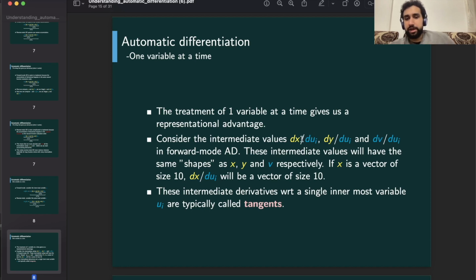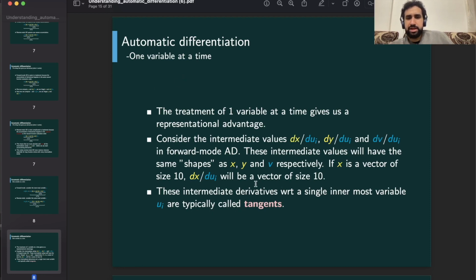Especially if x and u are both not vectors, it gets really complicated to represent the whole dx by du if x and u are like vectors of matrices of dictionaries, right? Representing that can be nasty, but representing the derivative with respect to a single variable is much easier because you can just use a very similar data structure to x.